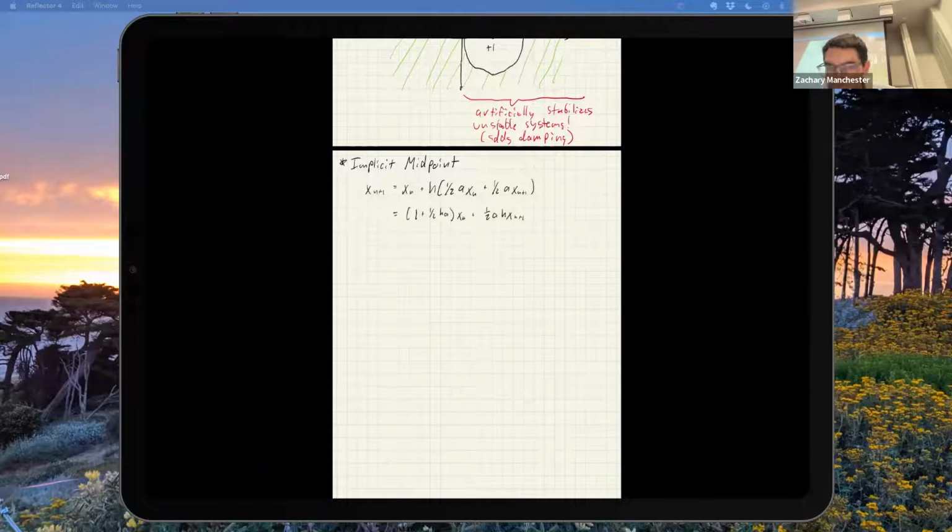We can do this. Again, same story as before. We need this thing to be modulus less than 1.